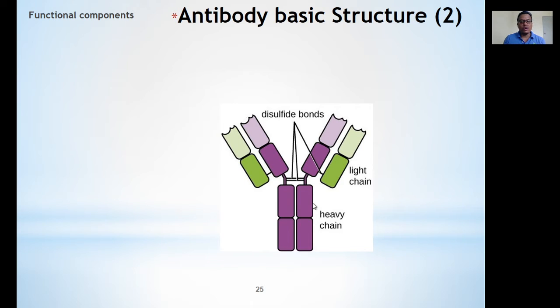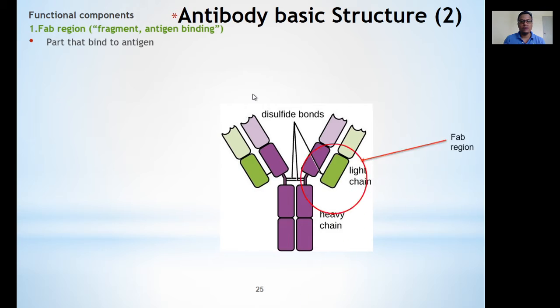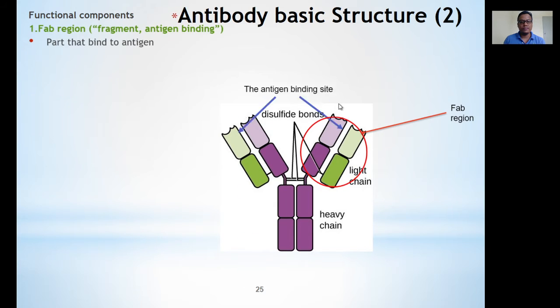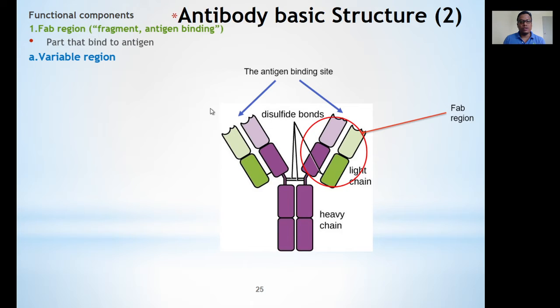So now we look at the parts that give the function of the antibody. We have the Fab region, which is the fragment antigen binding site, the part that binds to the antigen. Here it consists of the variable region.